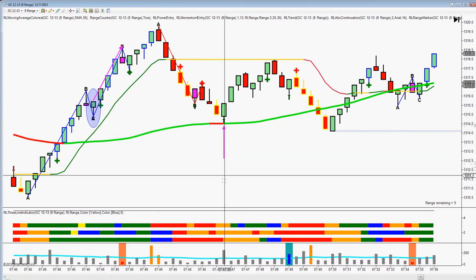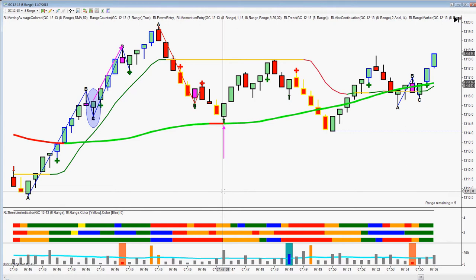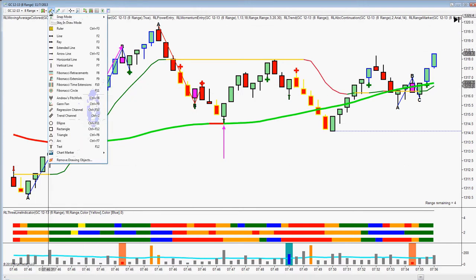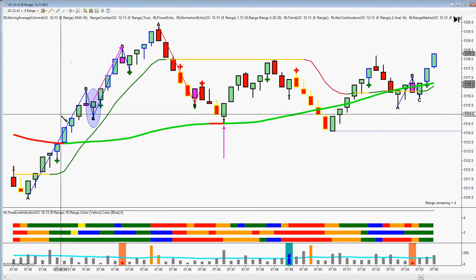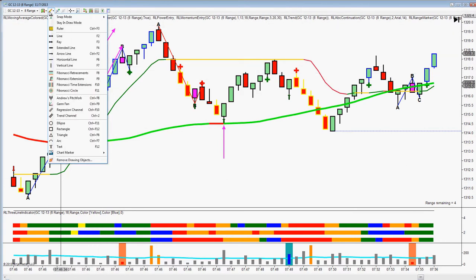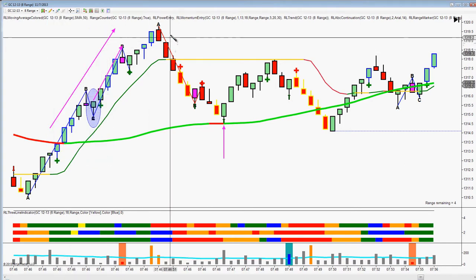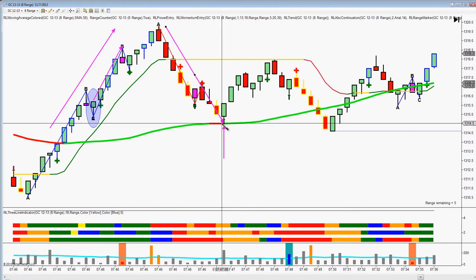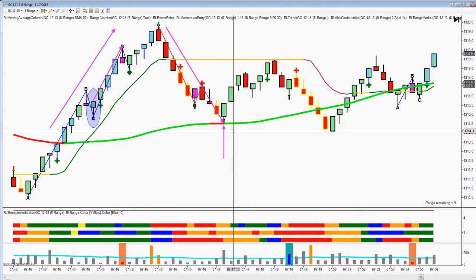They usually come against order flow, stochastic, and momentum because of this deep retracement. You have this big uptrend, then you get this retracement back down to the 50, which is enough to turn them.